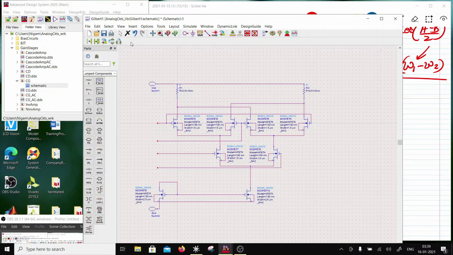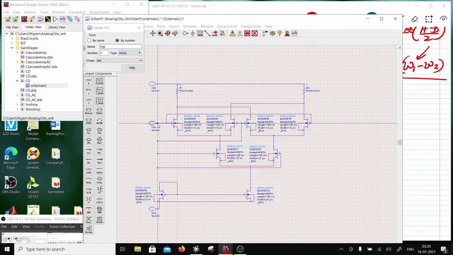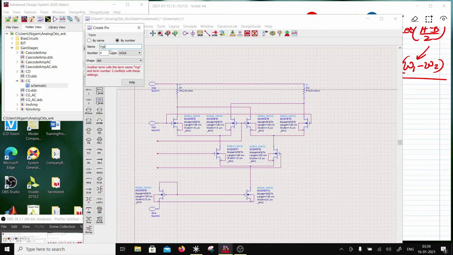And then this is VXP and VXM. So this one is VYP, and then we have VYM. Okay, and then we have VYP, VYM, then we have VXP and VXM, and VXP.